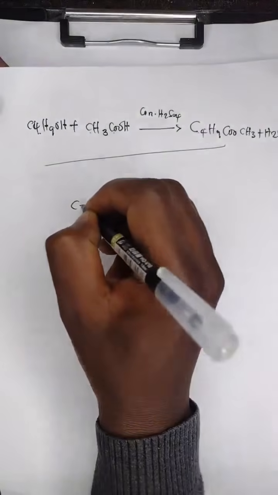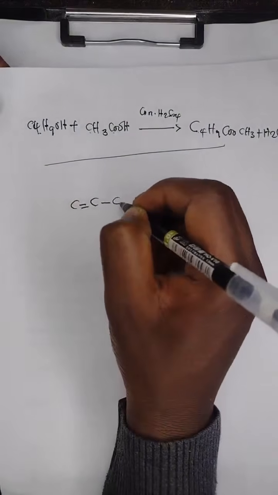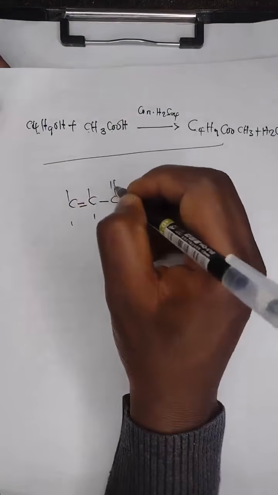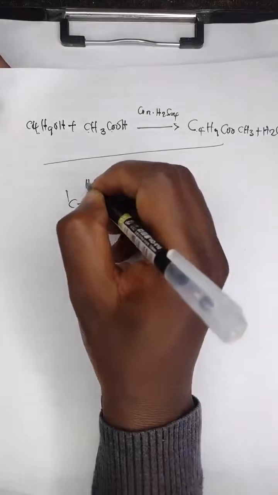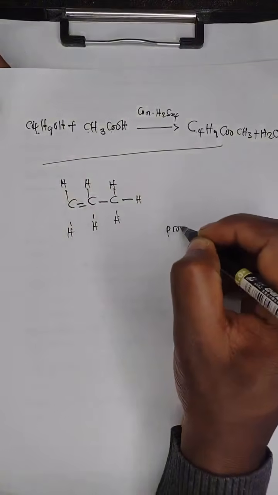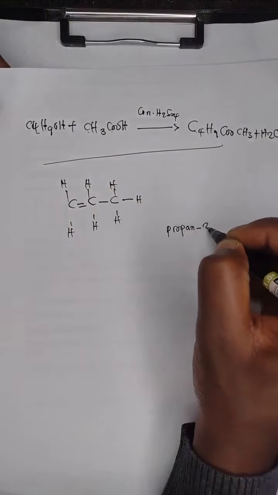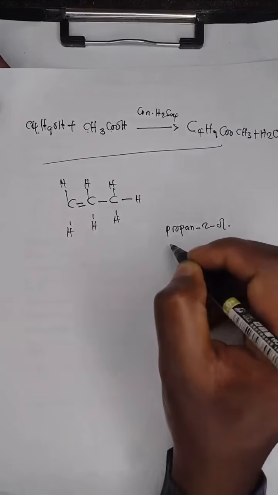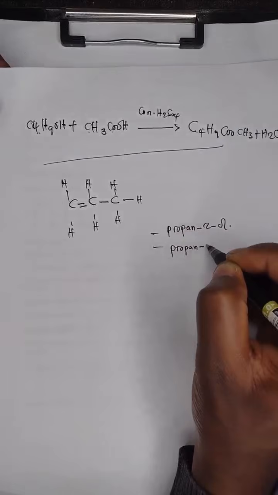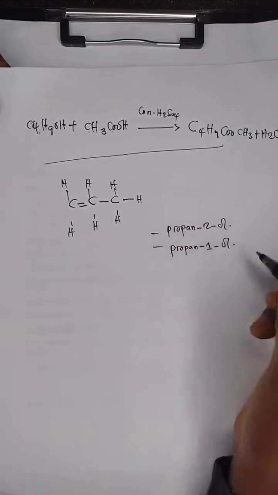So when propene reacts with water, what is produced is the major product, which is propan-2-ol. Then we have also a minor one, which is propan-1-ol.